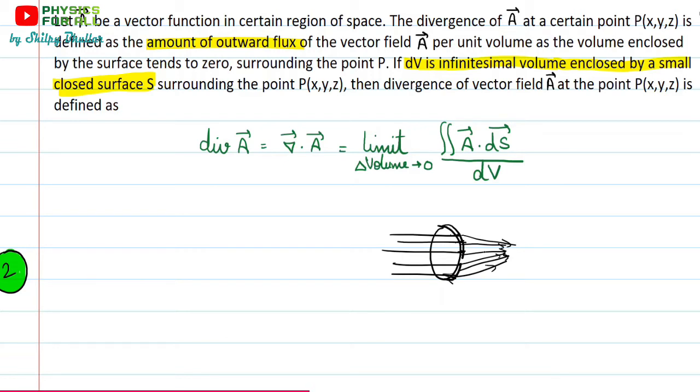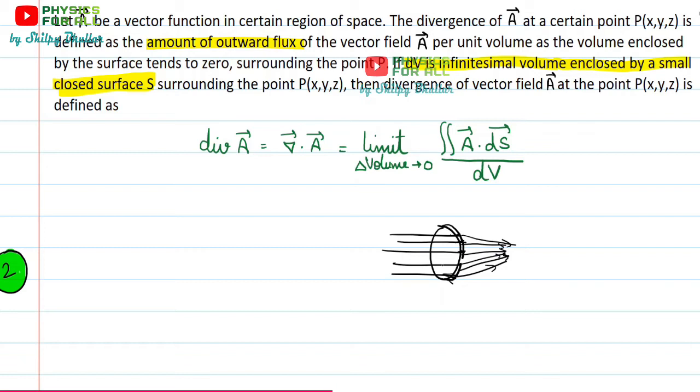See, in the mirrors chapter that we studied in class 10, we have a particular notion about convergence and divergence. We used to study that in a concave mirror the rays converge to a particular point called the focus after reflecting from the mirror, and in a convex mirror the rays diverge. But here, when we say divergence of a vector field, it includes everything.